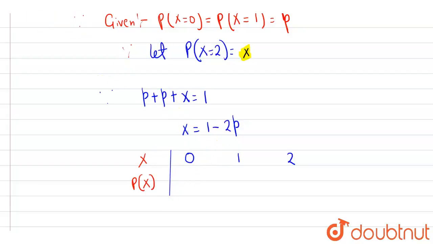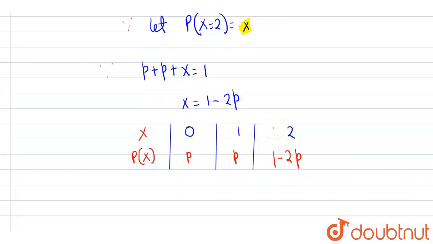But probability at x equals 0 and probability at x equals 1 both have the same value, that is p, which is given in the question. And for probability at x equals 2 we have assumed x, which we found to be 1 minus 2p. So far this is our distribution.